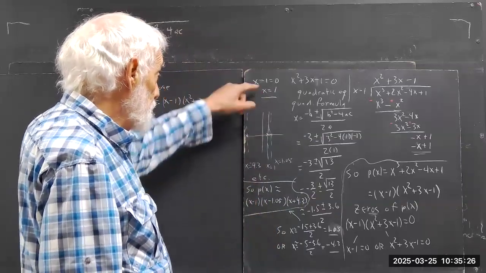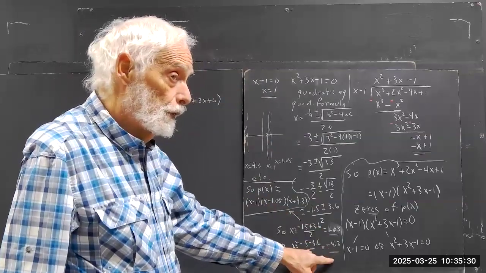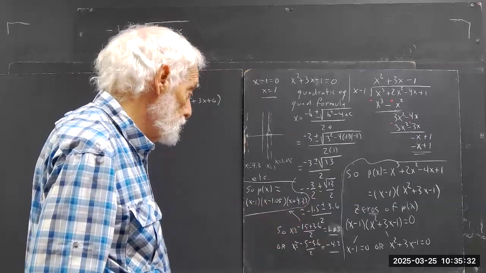We just do x minus this zero, and x minus this one, and x minus negative 4.3, which gives us x plus 4.3.